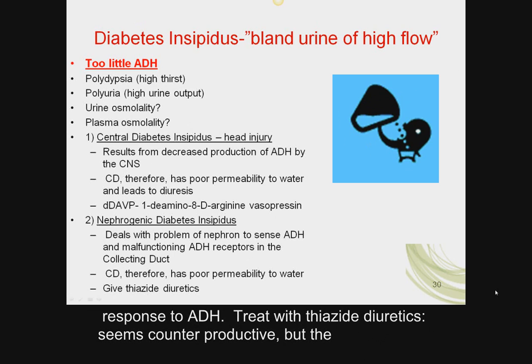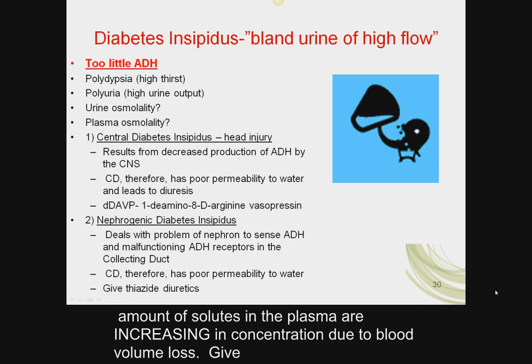Therefore, the collecting duct and medullary ducts are not going to have permeability to water because there isn't ADH being made or released. In this case, we can give someone a synthetic ADH. We can give them the 1-deamino 8-D-arginine vasopressin. It's a synthetic ADH. ADH used to be called vasopressin. So if you read vasopressin, it means ADH.